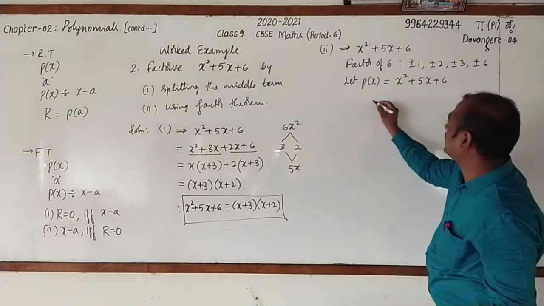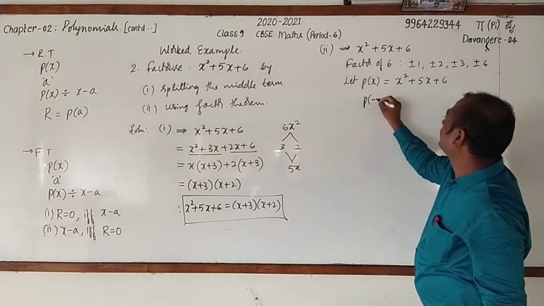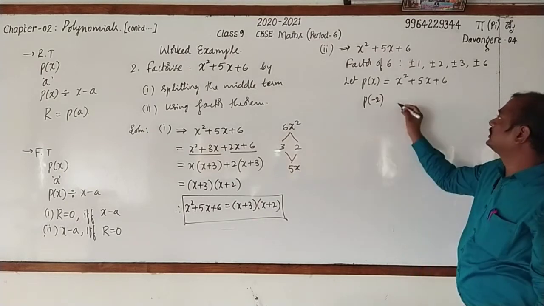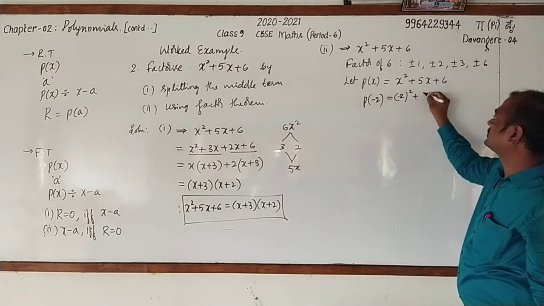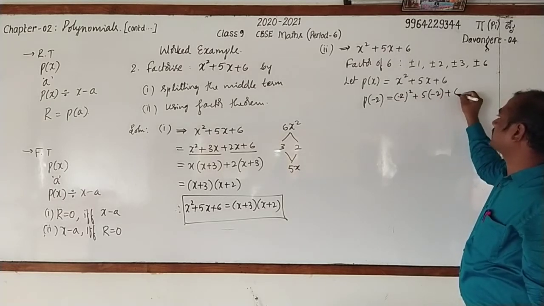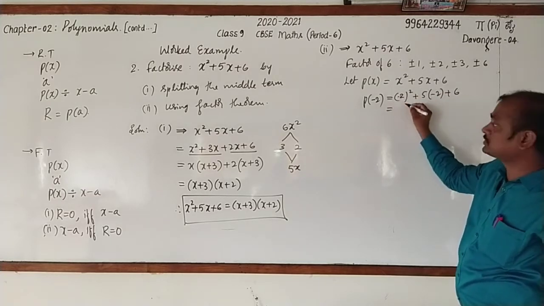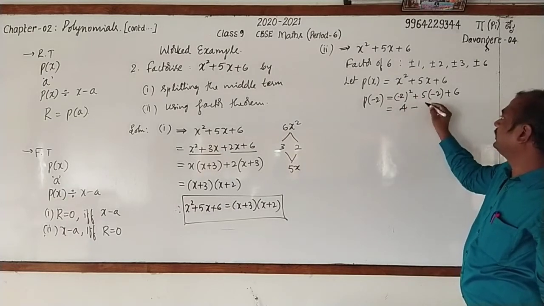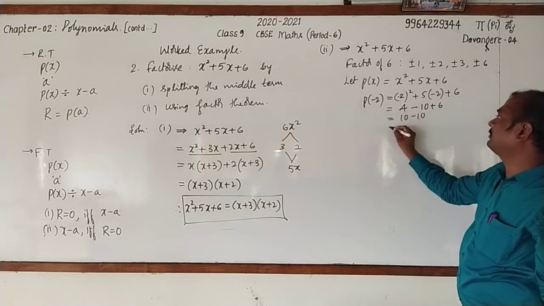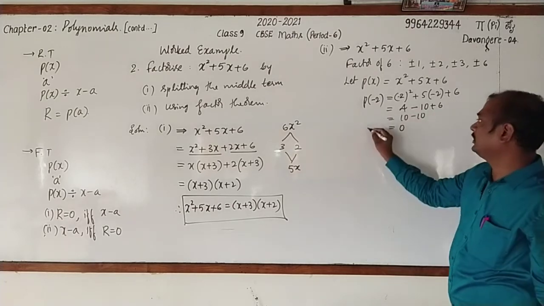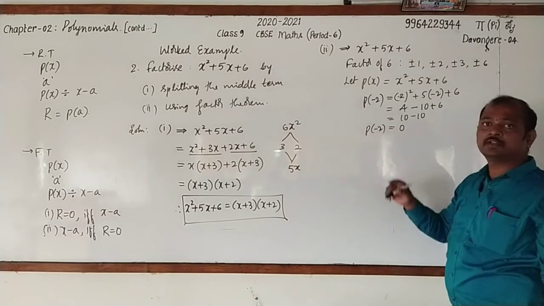It comes. So I take p of minus 2. This is equal to minus 2 whole square plus 5 into minus 2 plus 6. What is minus 2 whole square? 4. 5 into minus 2 is minus 10, plus 6. It is 10 minus 10, which is equal to 0. Then what do you say about minus 2?